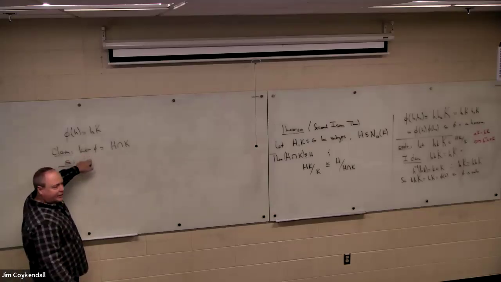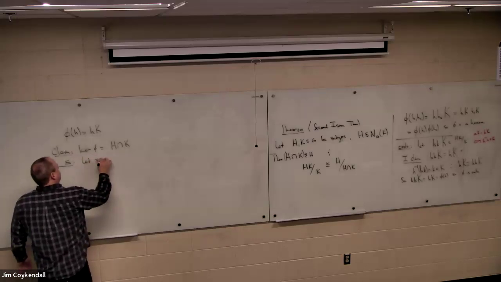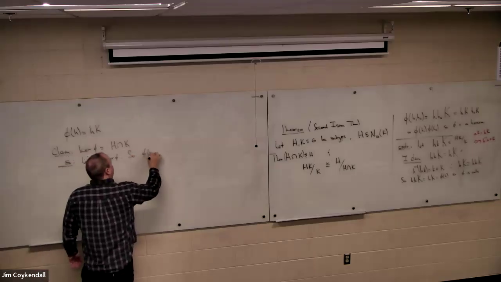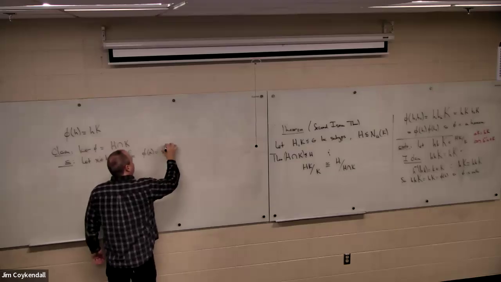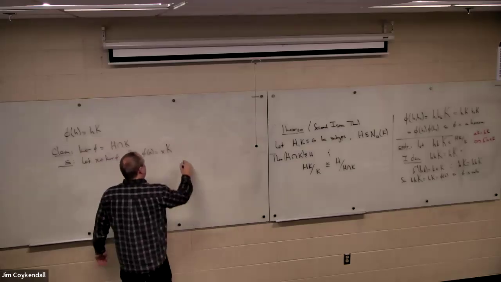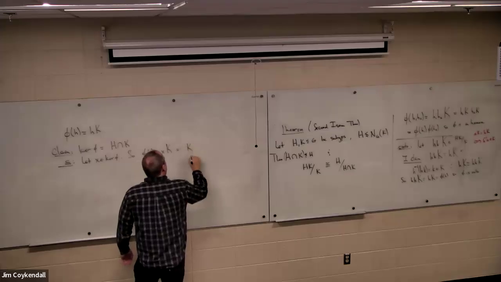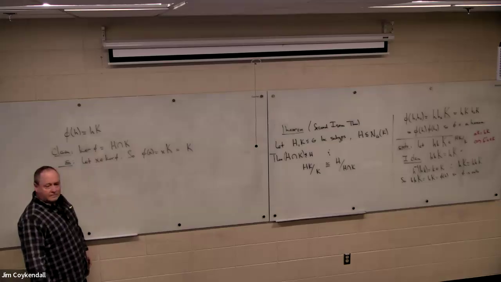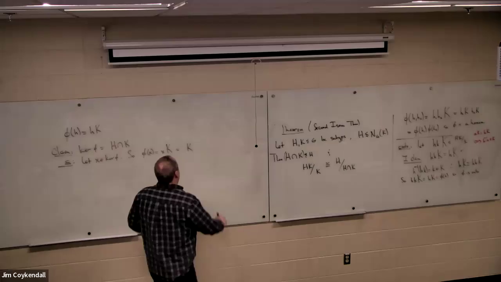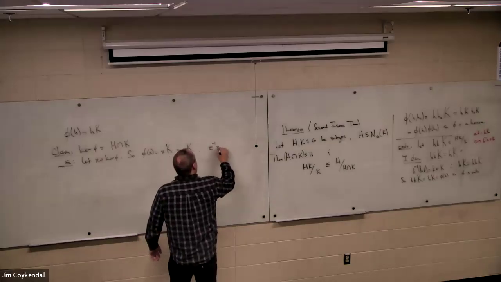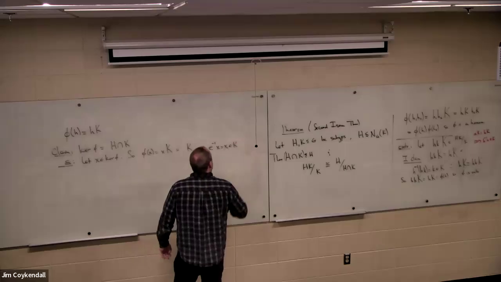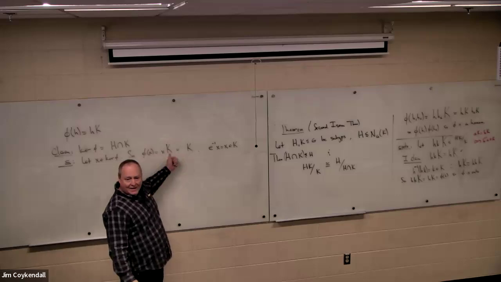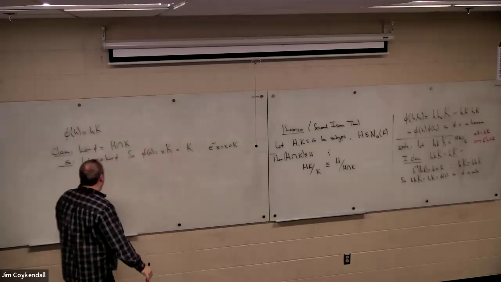Let's suppose first that X is in the kernel of phi. So phi of X, which is XK, is equal to the identity K. This means that E inverse X, which is X, is in K. If this coset is K, that means that X lives in K, has to.